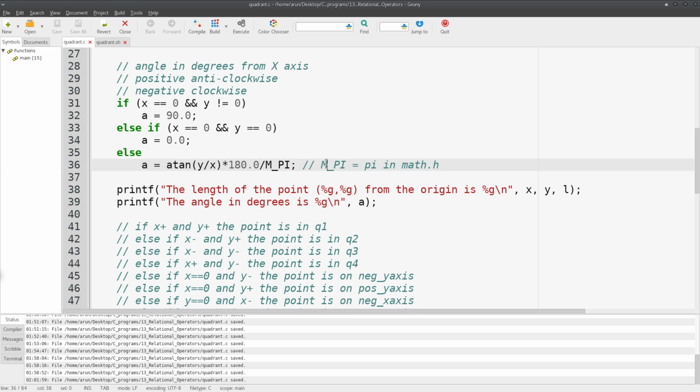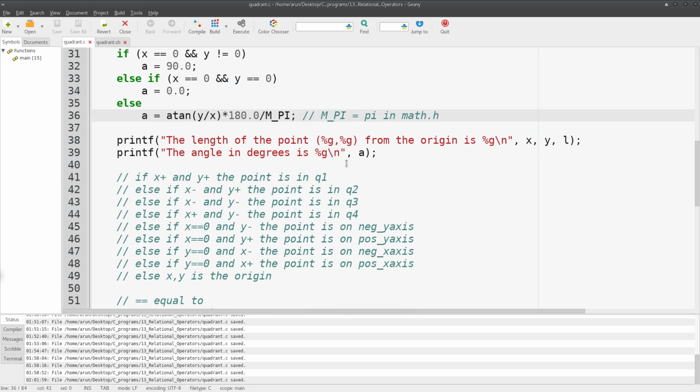You can proceed with it, but for good practice, it is recommended to use this M_PI. The reason is that it is defined accurately for 15 to 16 digits, so that will be more than sufficient. It will avoid you trouble.